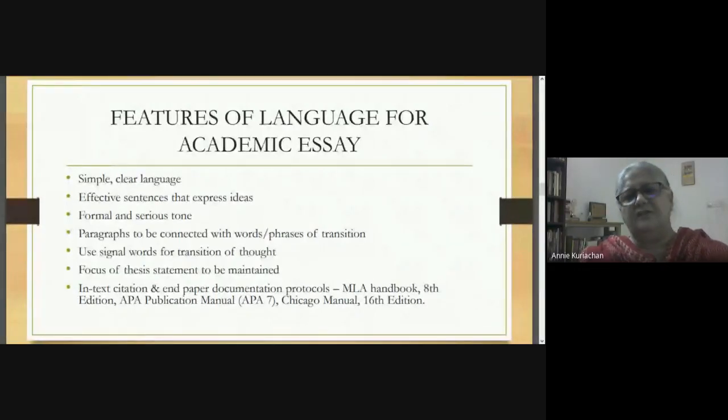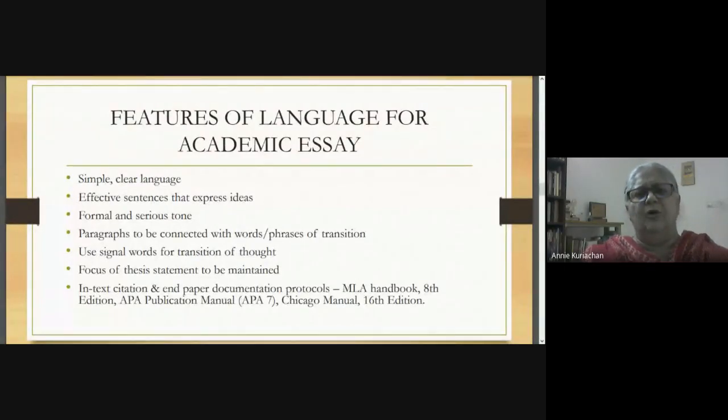When you read scholarly journals, you would have come across words such as therefore, in addition to, as a consequence of, and then the other famous ones, firstly, secondly, thirdly. Please don't use them very sparingly. But there are any number of signal words that you can make use of.